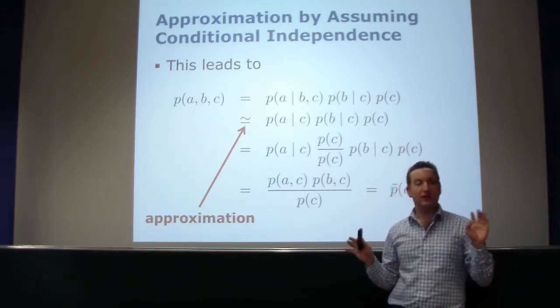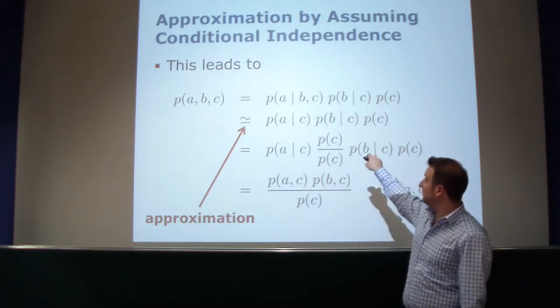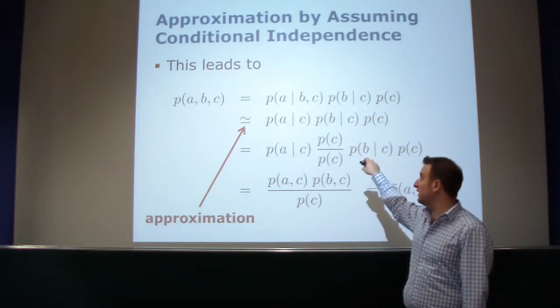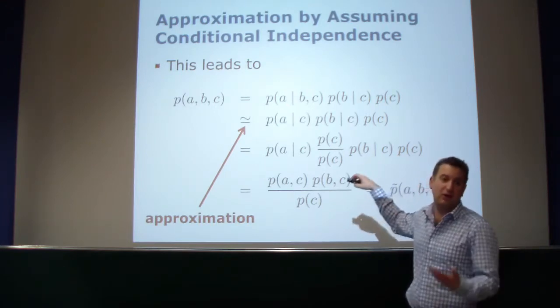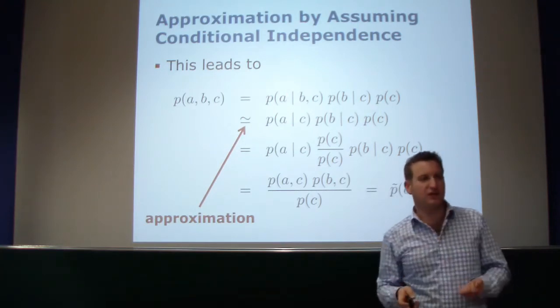Okay, so the only thing I do is an assumption. Assume a conditional independence. Say these elements are the same, that's what I assume. And if this is not the case, I make an error in this step, but I hope this error is small. That's what sparsification does.